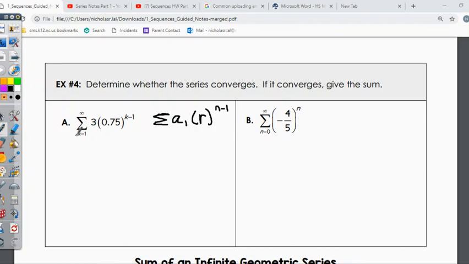And remember, that variable could change. For example, this time the variable is k. So 3 is a1, 0.75 is r, and this is to the n minus 1. So r is equal to 0.75, and the absolute value of 0.75 is less than 1, so this converges.